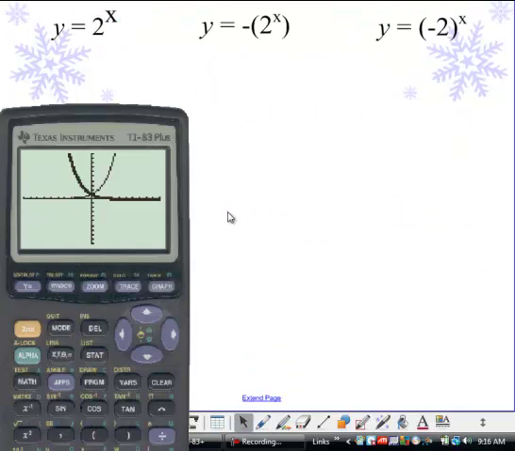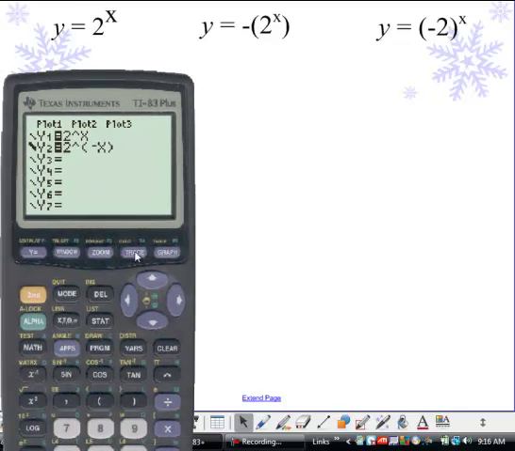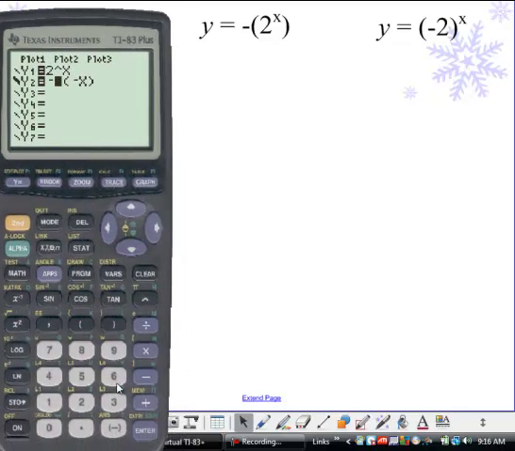Real quick, look at these three graphs. The first one's up there, y equals 2 to the x. The next one is a little different. I want the negative out front. And then I want, in parentheses, 2 to the x. And let's look at those.